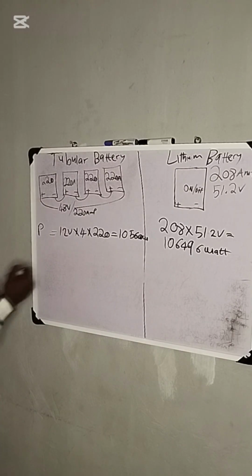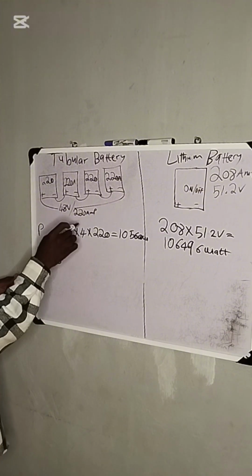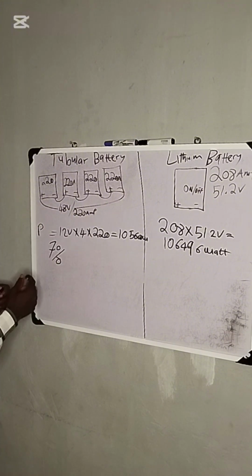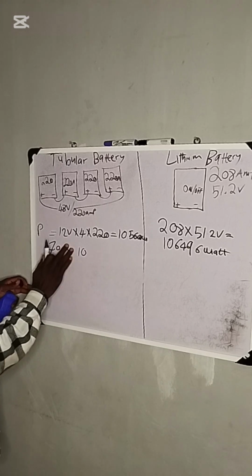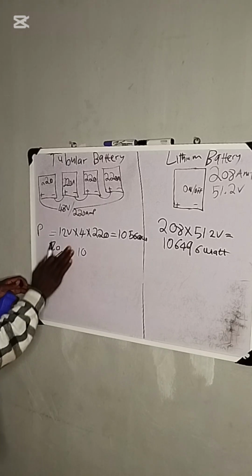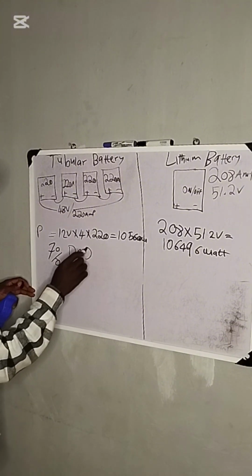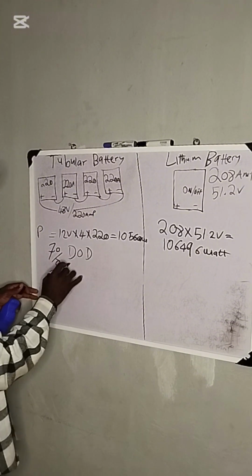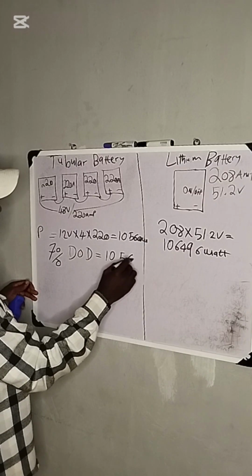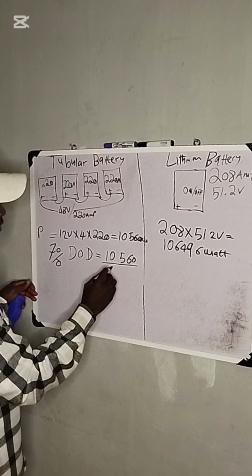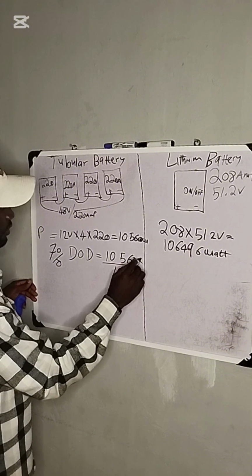So let's consider 70% discharge. At 70% DOD, depth of discharge, it will be equal to 10,560 watts divided by 100 times 70.